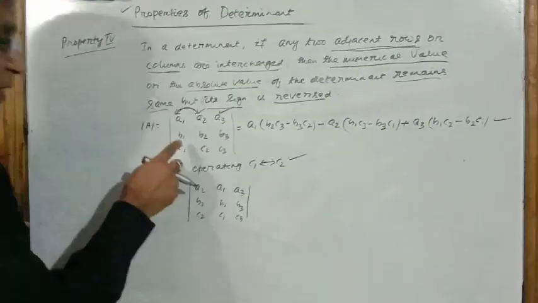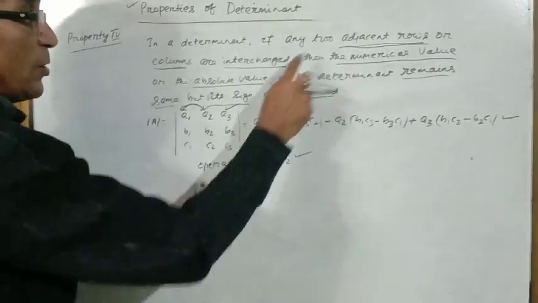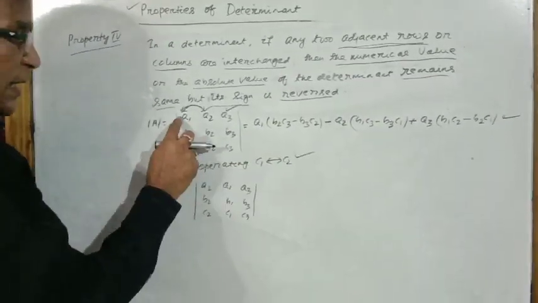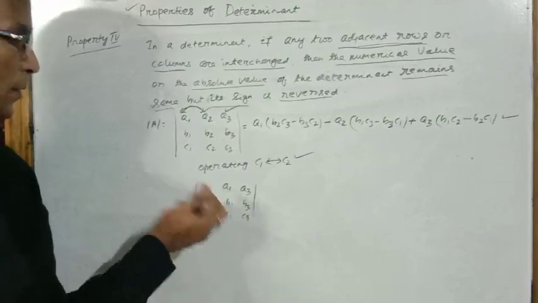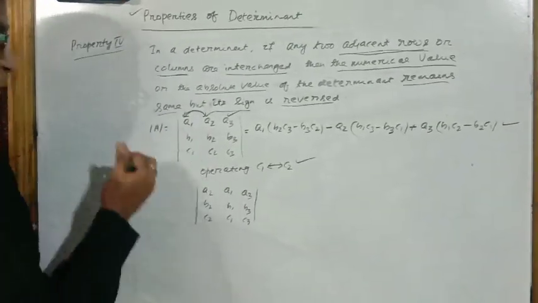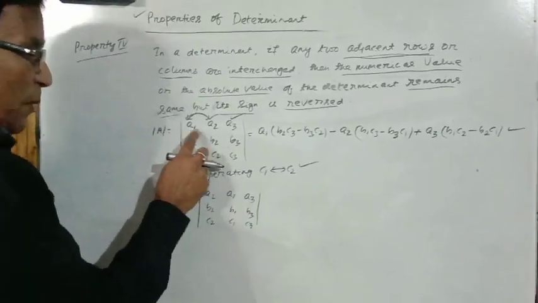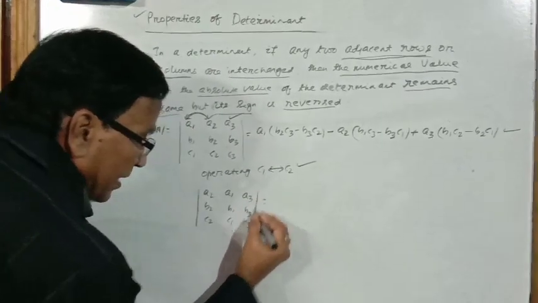So we are interchanging these two adjacent columns. You can also interchange any two adjacent rows, the first row and second row, and we get the same thing. So on interchanging the first column and second column, we get this determinant.